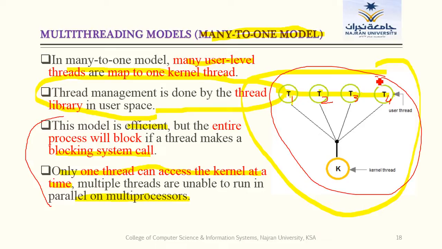Also, only one thread can access the kernel at a time. Multiple threads are unable to run in parallel on multiprocessors. If we have a multiple processor system and we are using the many-to-one model, then it's not possible to run more than one thread in parallel. Okay, so this is our first model, the many-to-one model.